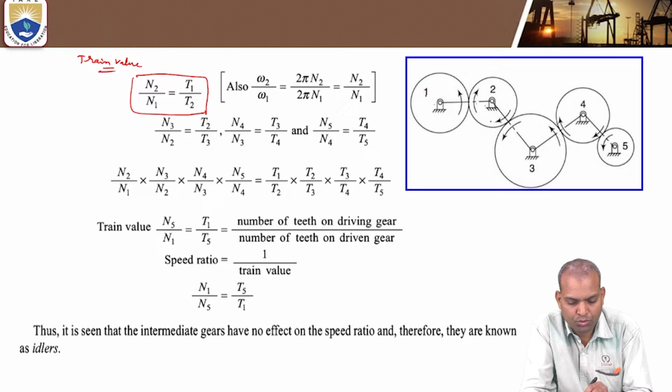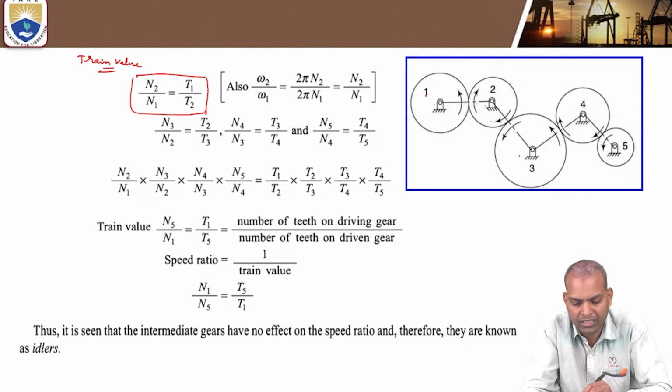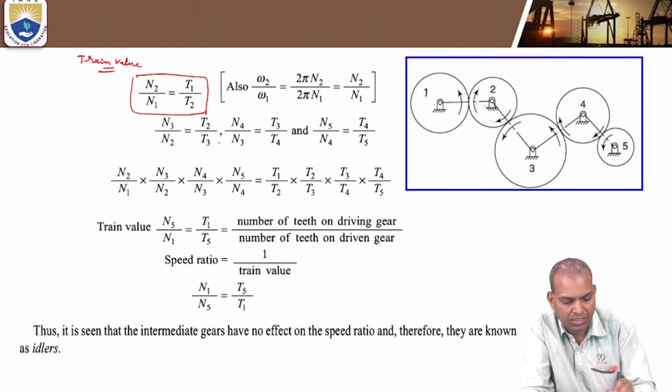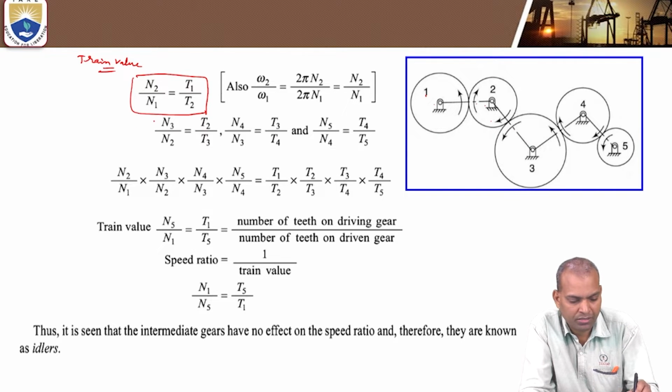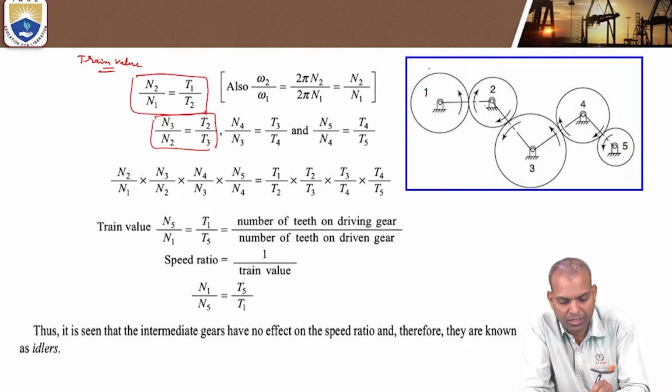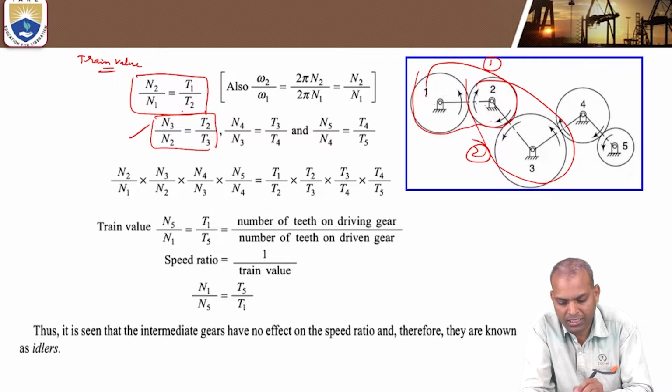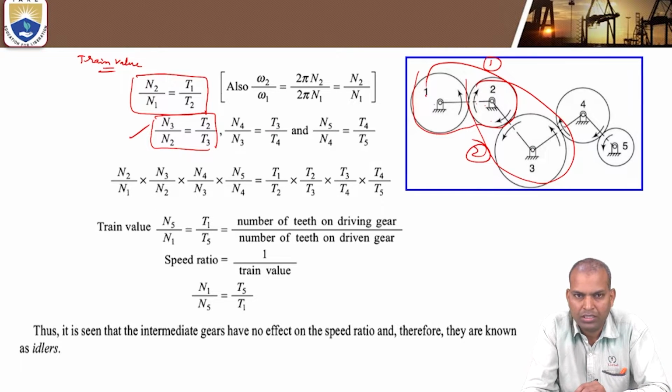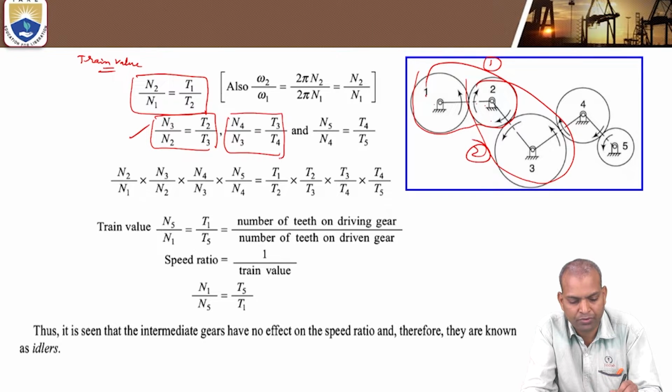Then consider 2 and 3, where gear 3 is the follower: N3 by N2 equal to T2 by T3. That is combination 1 and this is combination 2. Next, consider 3 and 4. 4 is the follower, 3 is the driver. The speed of the follower over the speed of the driver equals T3 by T4, that is N4 by N3 equal to T3 by T4.